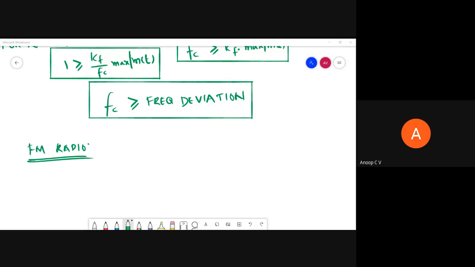Maybe I'll take 100 megahertz as a typical carrier frequency, for us to do a calculation. Let FC be equal to 100 megahertz, and our message signal is our voice signal, an audio signal.